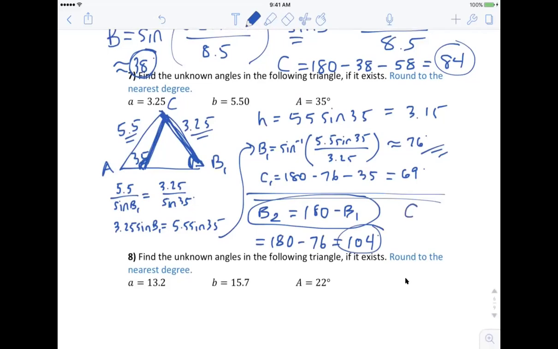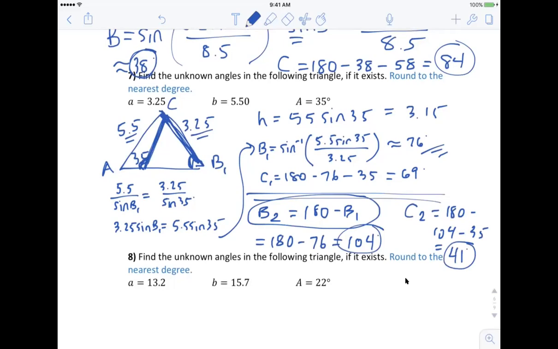And then C sub 2 is again that 180 rule for the entire triangle. 180 minus 104, and then minus the 35. And I can maybe do that one, 41 degrees for C. Okay, and that would be my other possible.